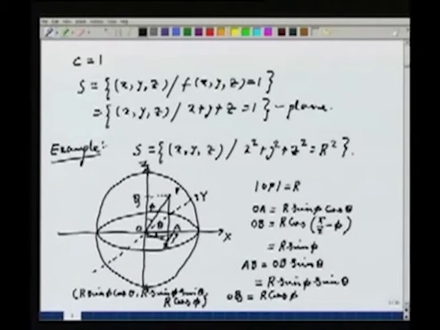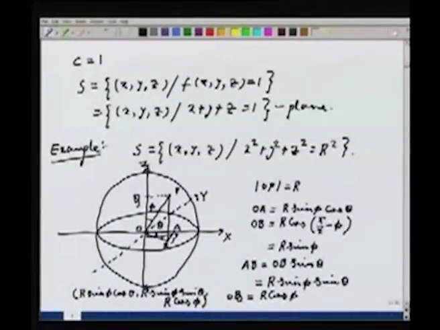And if it is on the lower hemisphere, then phi is from pi by 2 to pi. So as a whole, phi varies from 0 to pi. And what about theta? Theta is measuring the angle between the x-axis and the point, but it can have a full round. That means theta can vary from 0 to 2 pi.